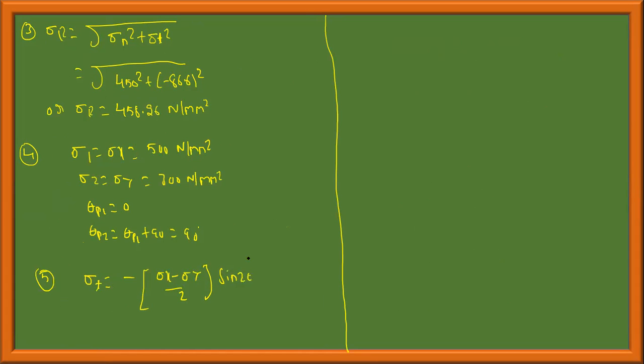This will be maximum when 2 theta is equal to 90 degree, or theta s1 is equal to 45 degree. If I write theta s1 is equal to 45 degree, then theta s2 will be 45 plus 90. Okay.